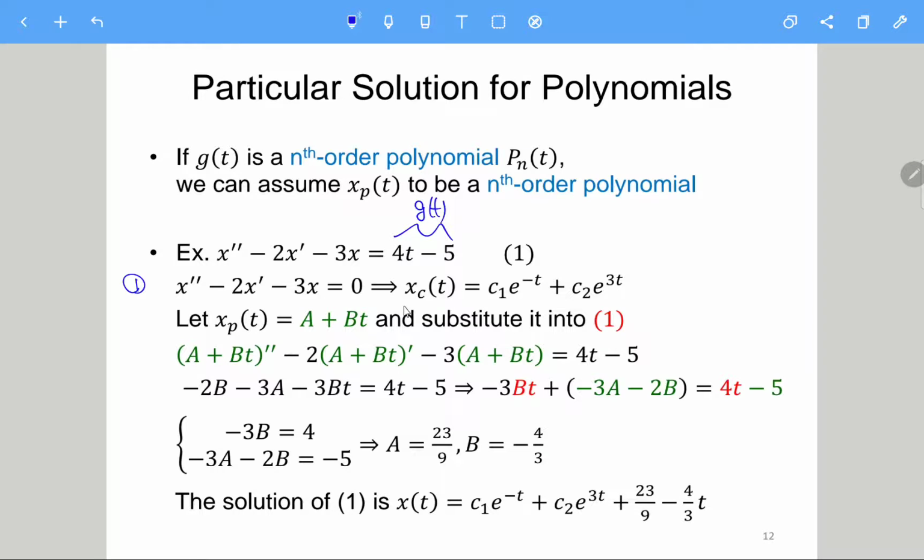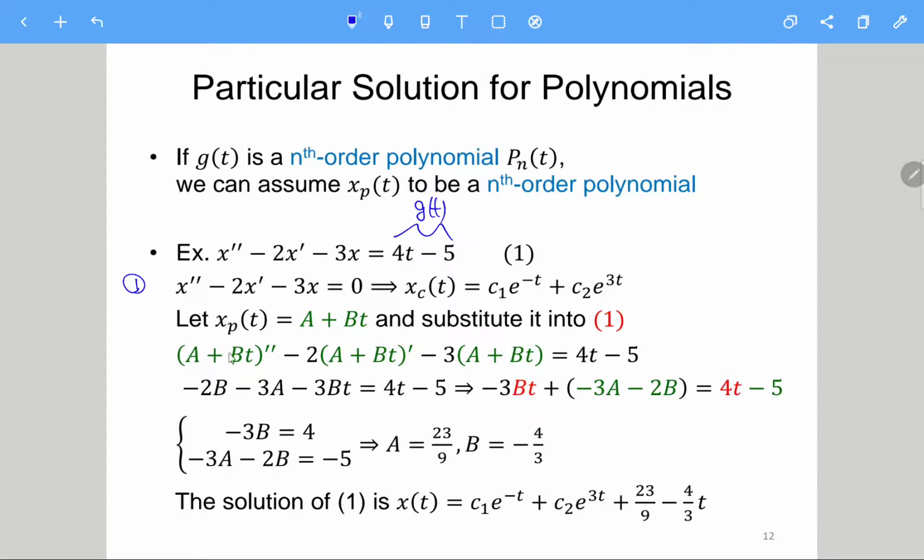And then we substitute this into the original equation. So we have (a plus bt) double prime minus 2 (a plus bt) prime minus 3 (a plus bt) equals 4t minus 5.